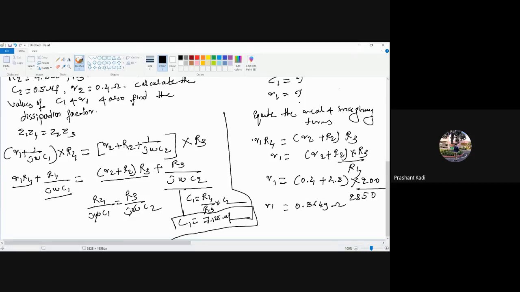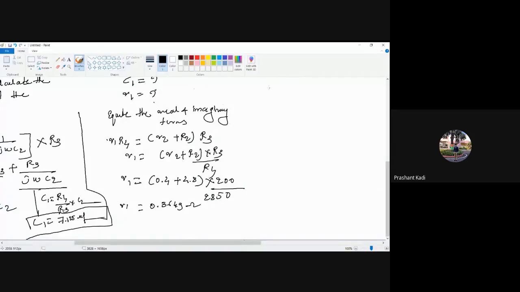All of you got? Yes, sir. Once you calculate the value of C1 and R1, find the dissipation factor. Dissipation factor of the capacitor is given by tan delta equals omega C1 into R1.